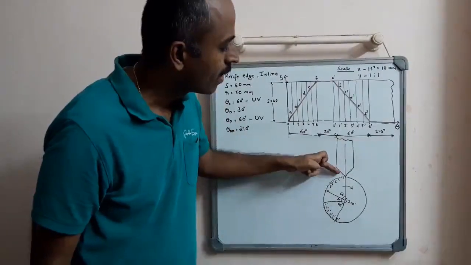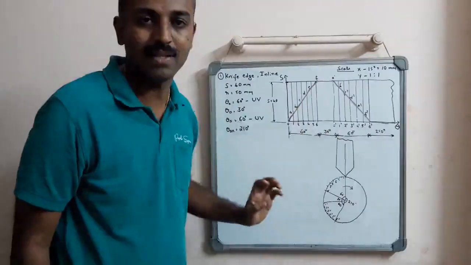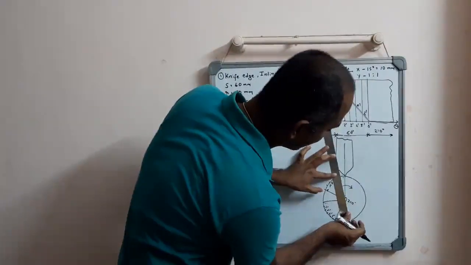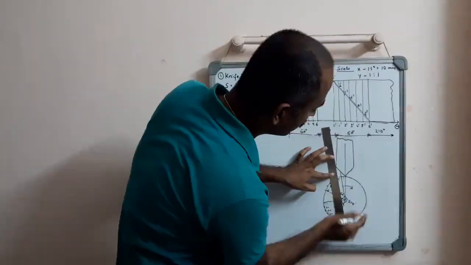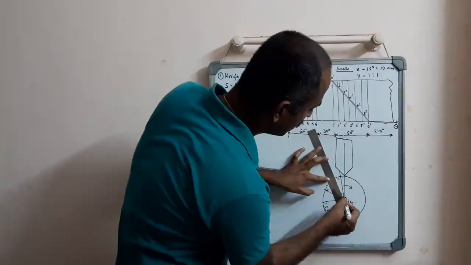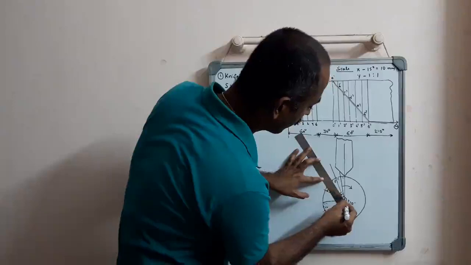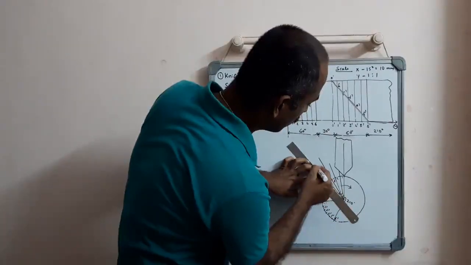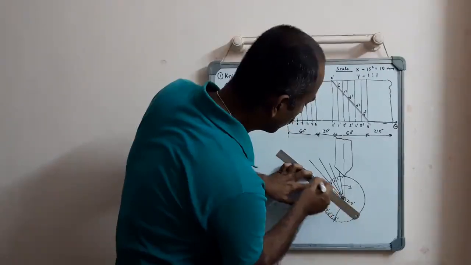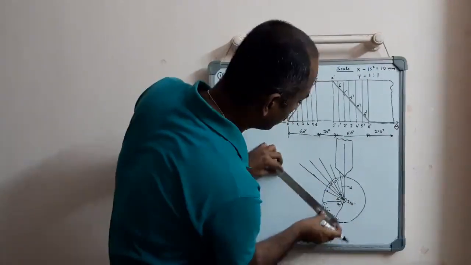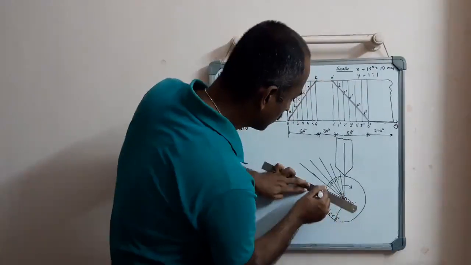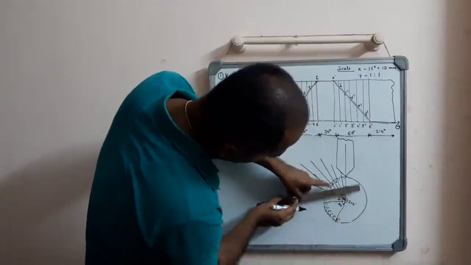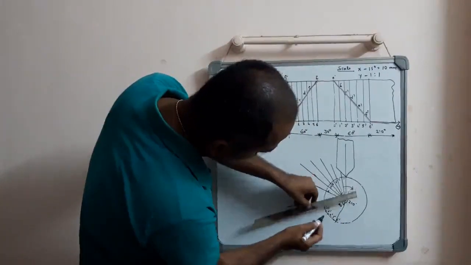Passing through these 1, 2, 3 points, draw radial lines, that is, a line passing through the center of the cam like this, of increasing length. 2, 3, 4, 5, 6, 7.